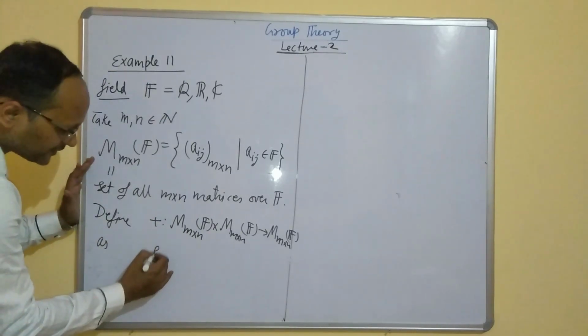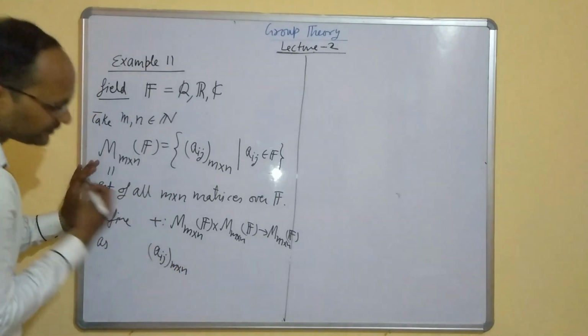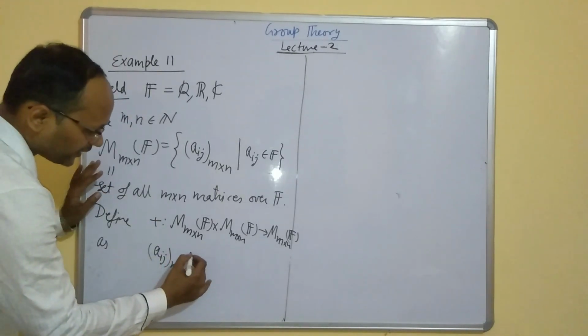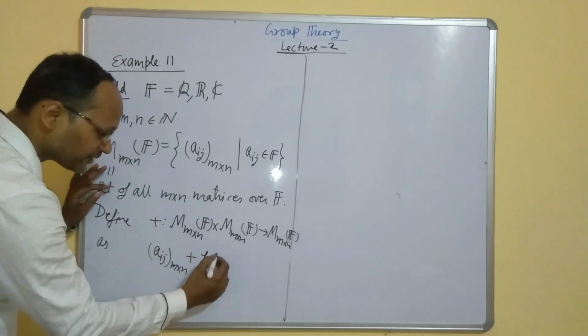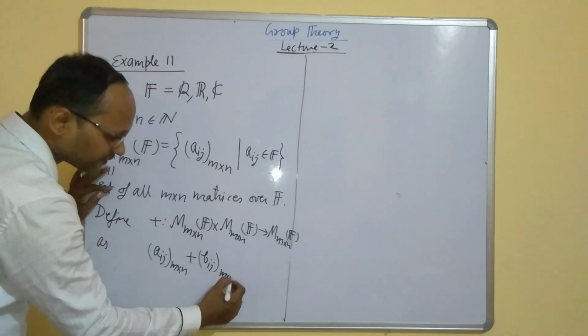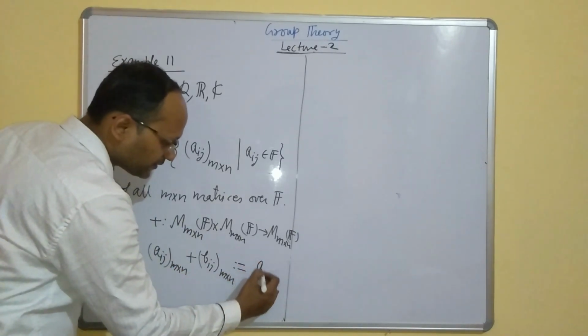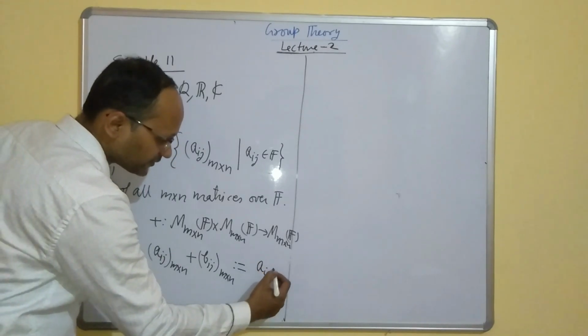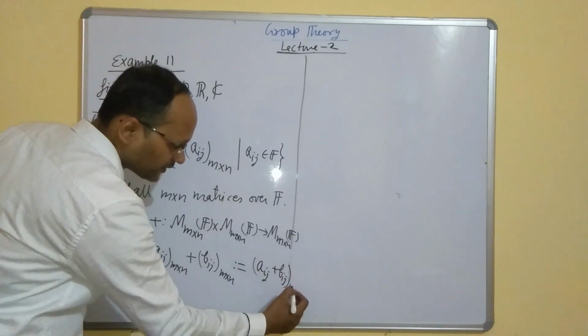If I take two matrices A_ij, m cross n, and I want to add with another matrix B_ij, which is also of size m cross n, then we define it as the entrywise addition (A_ij plus B_ij), m cross n.